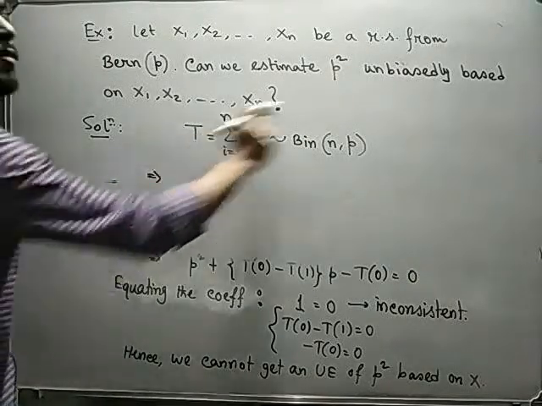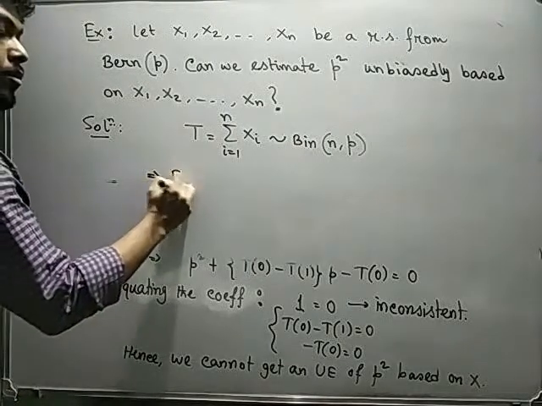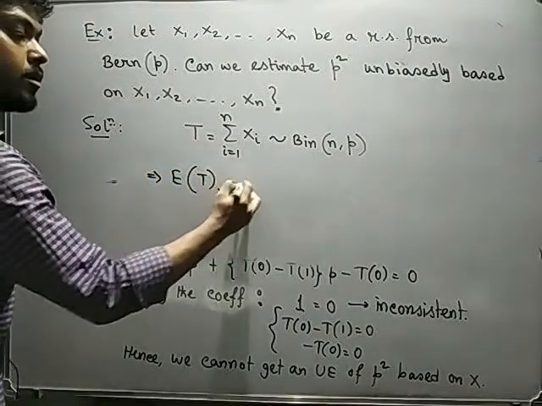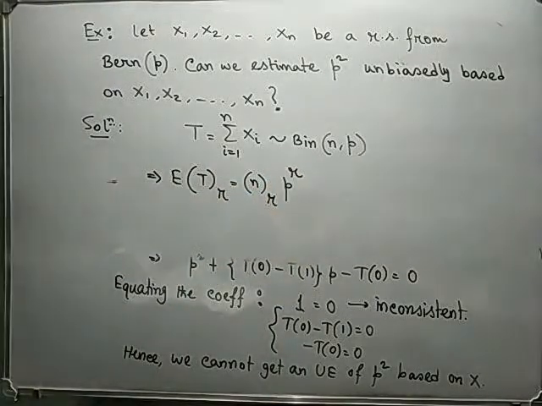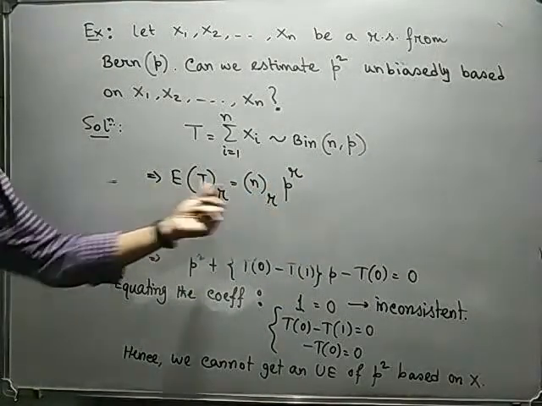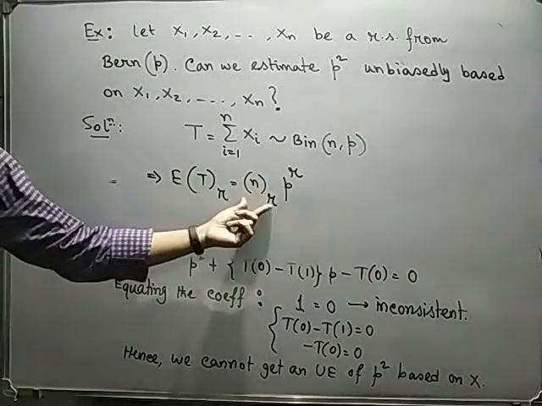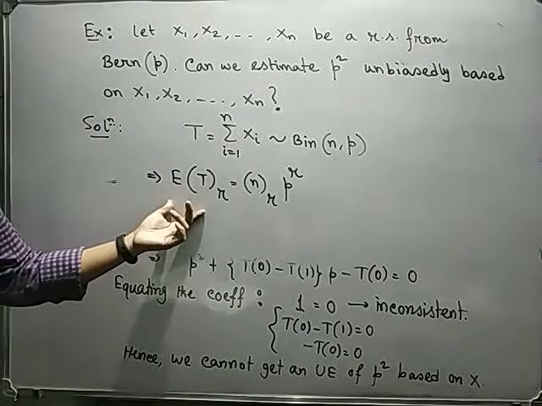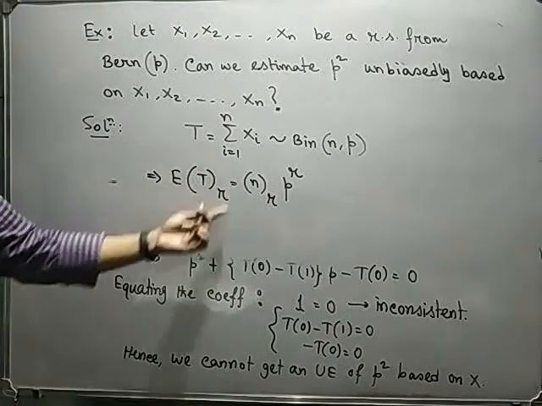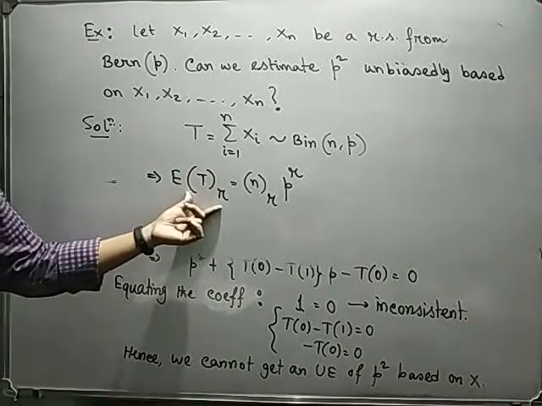Now, if capital T follows binomial n comma p, we all know this result: the expectation of T^(r), the factorial moment, is n^(r) into p to the power r. If you don't know this result, try to find it from the basic distributional structure. This T^(r) is nothing but the factorial moment.